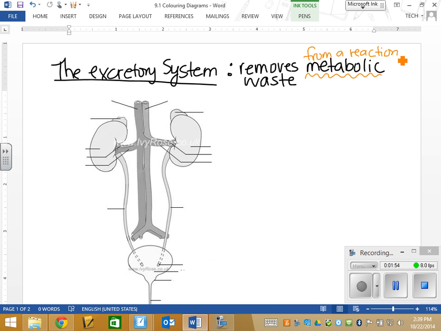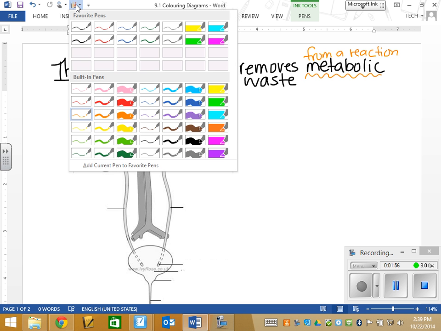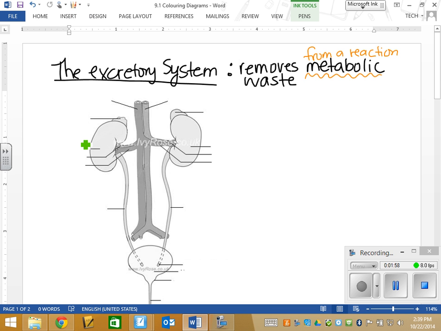Now, if we take a look at the picture, one of the things that I'd like you to recognize is that anytime we're looking at human anatomy, there are usually two sides to whatever we're looking at. So most systems have a left and a right side. Anytime that's the case, I'd like you to remember that on a picture, it's backwards.